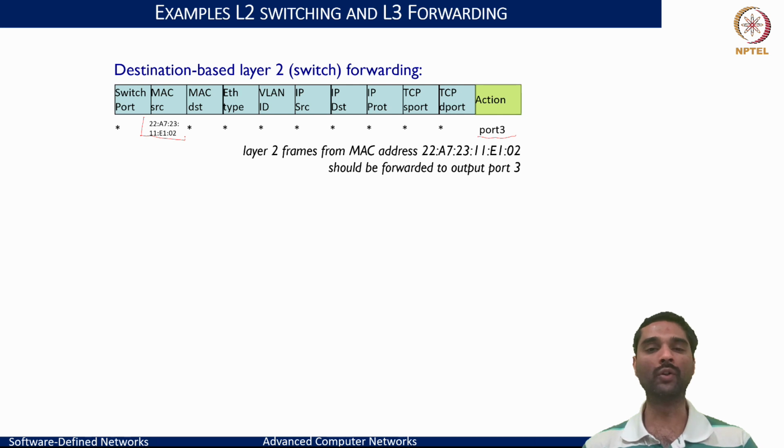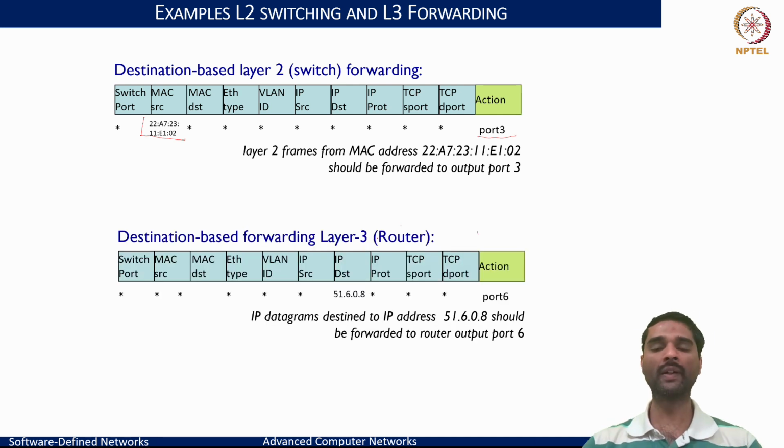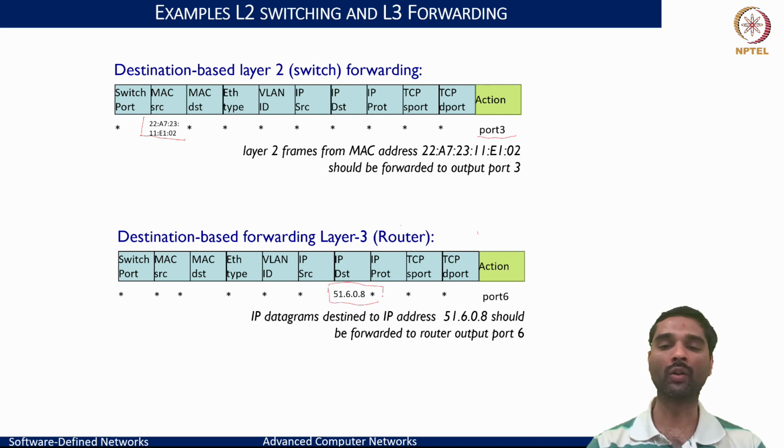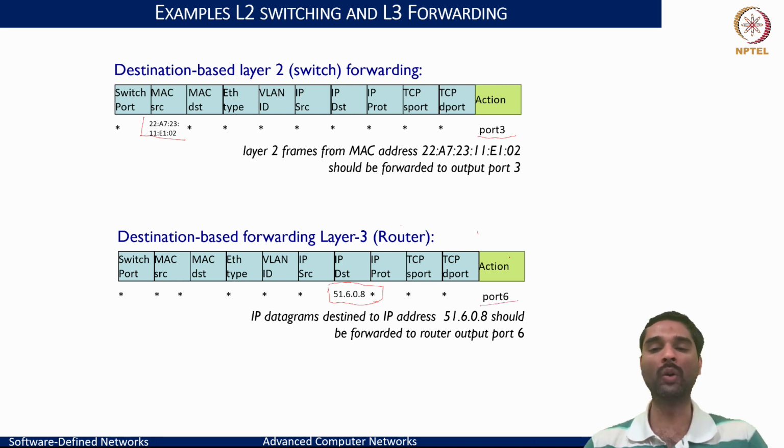Thus, we will be able to do the L2 forwarding. Likewise, if we have to do the L3 forwarding, that is the router's role, we would match on the IP destination, which can be the longest prefix match or the exact match for a particular IP, and dictate the action to forward it on a specific port.